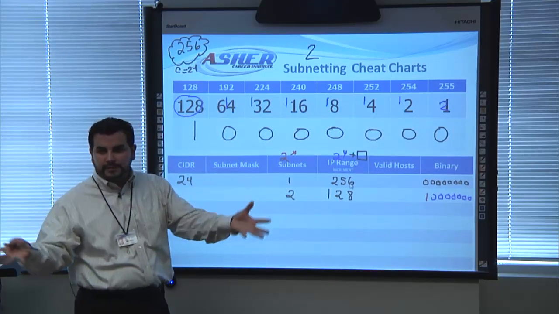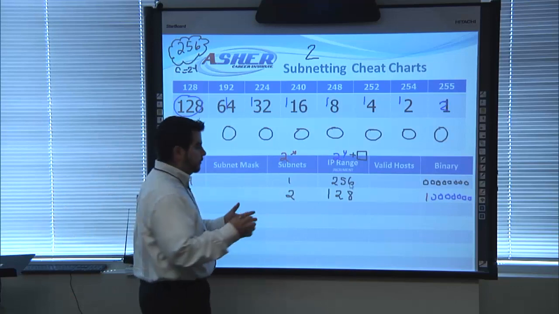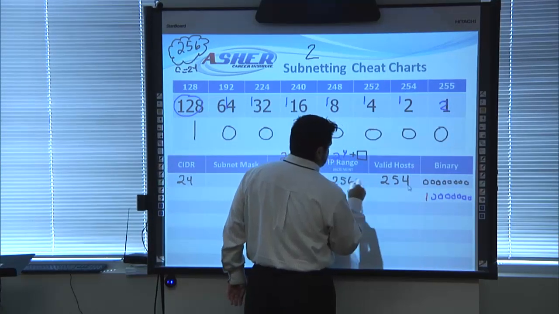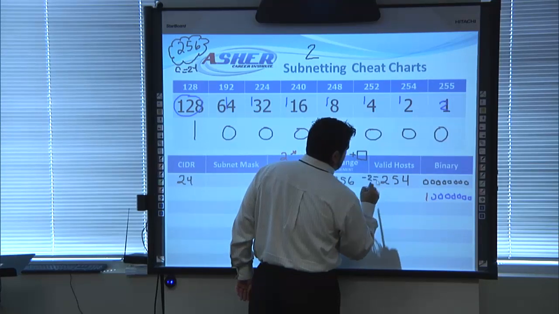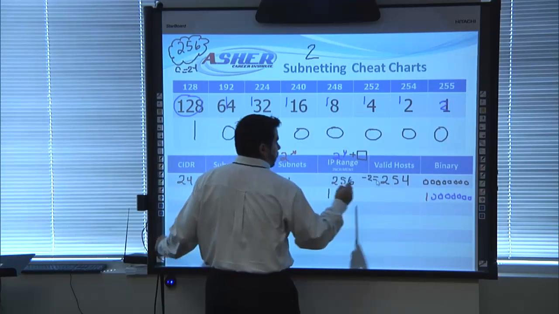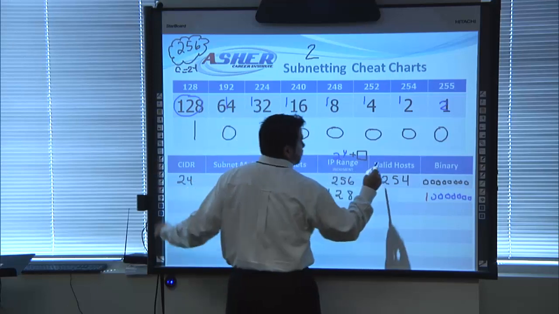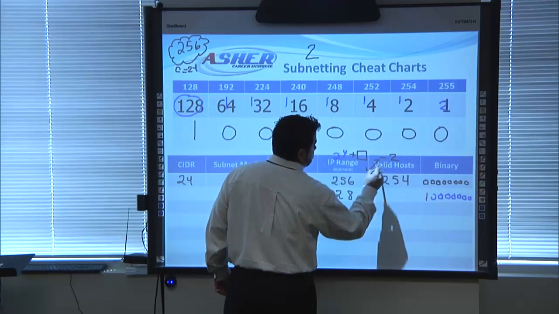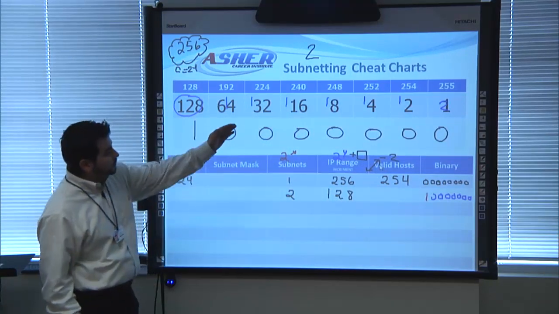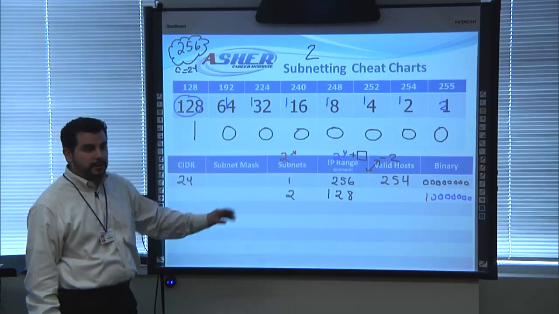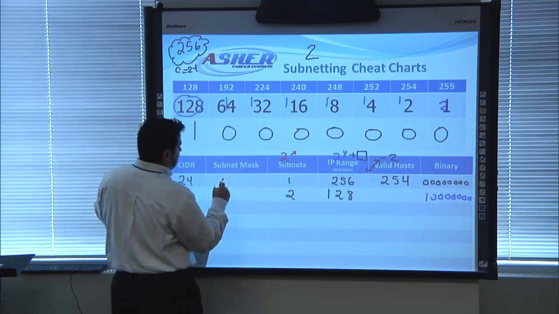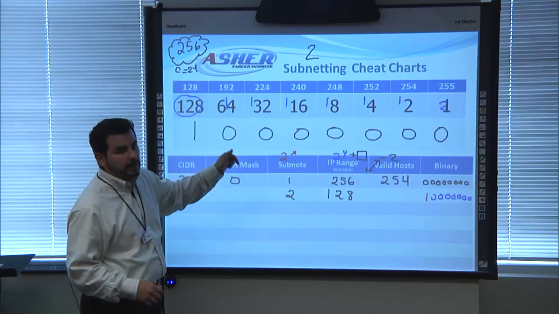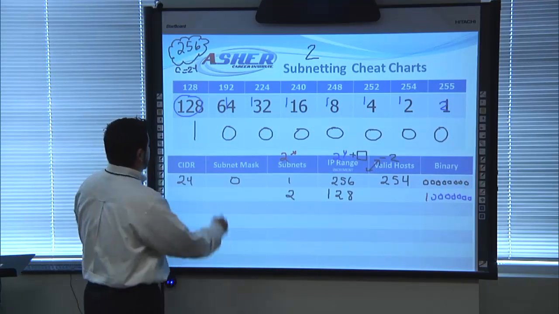And out of those 256, how many can I use? Because it was 256 minus 2, that would give me that. So I'll put the minus 2 right up here: range minus 2 gives me my valid. That's how many computers I can have in that network. And my subnet mask was 255.255.255.0. Okay?